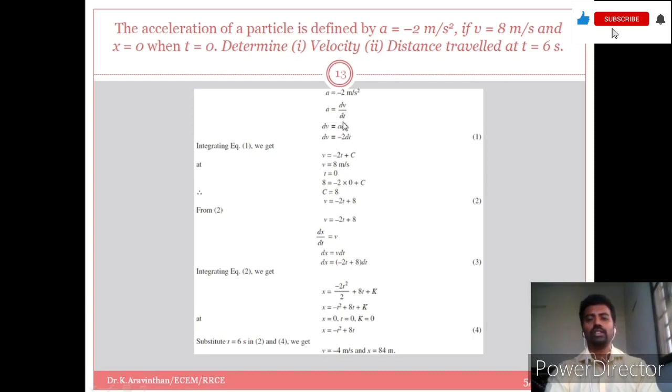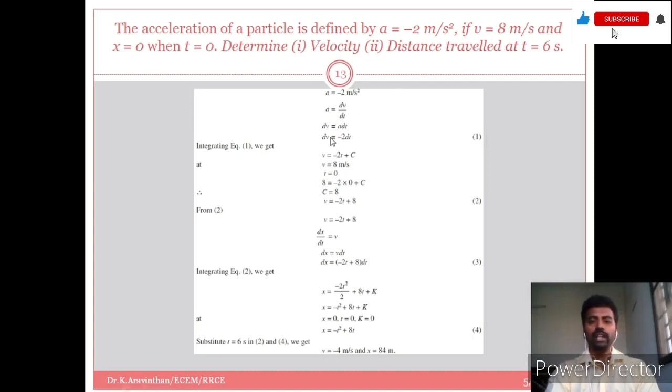So let us cross multiply here, and right now you know a is minus 2. Let us substitute here and integrate. Why integrate? To identify the velocity. So with this acceleration we are going to the concept of velocity.